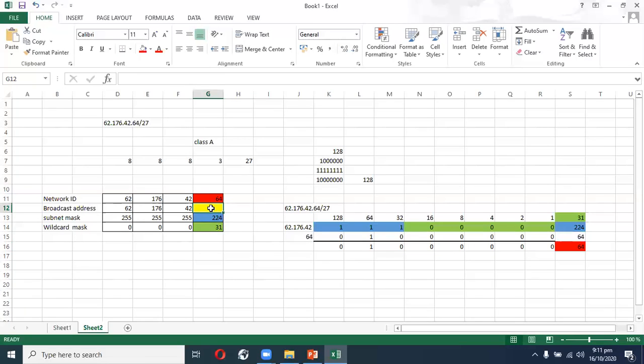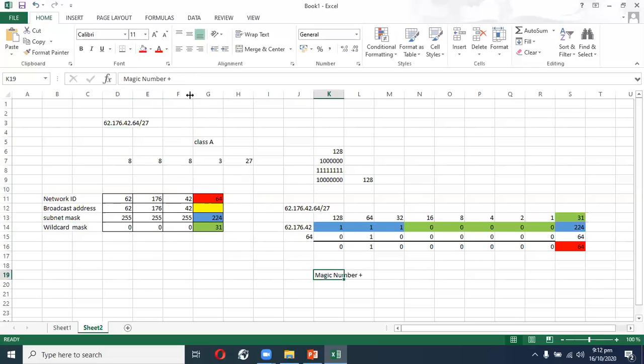Now we need to find the broadcast address. The broadcast address is the magic number plus the last octet of the network ID. In this case it is the last octet, because it's slash 27, so we will focus on the last octet. For this IP, the last octet is 64.